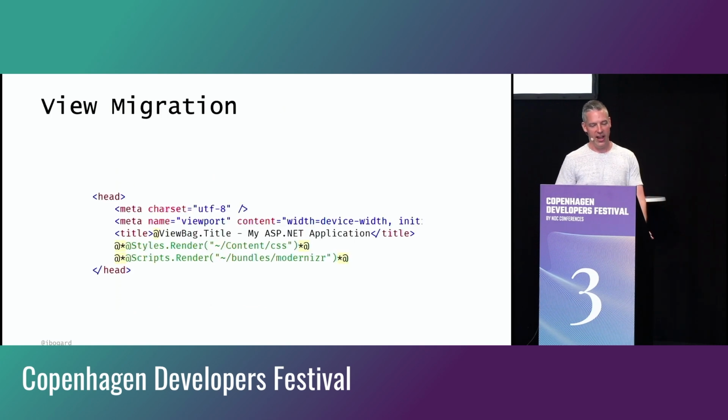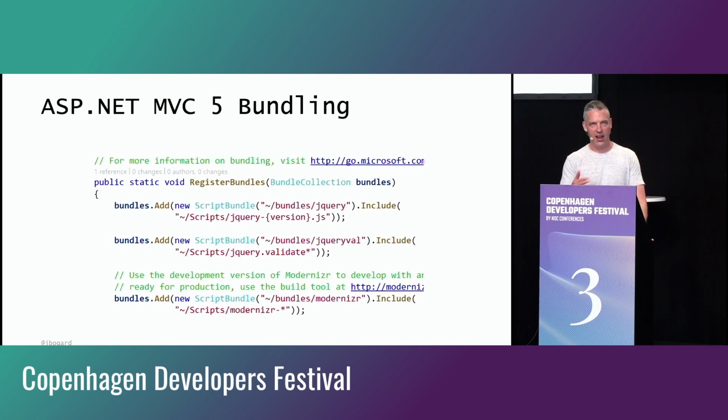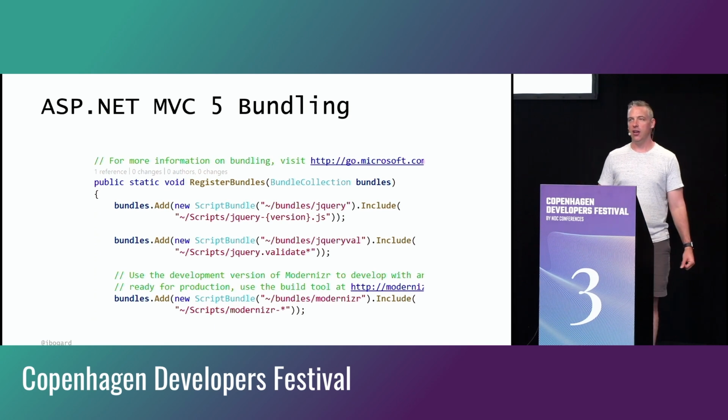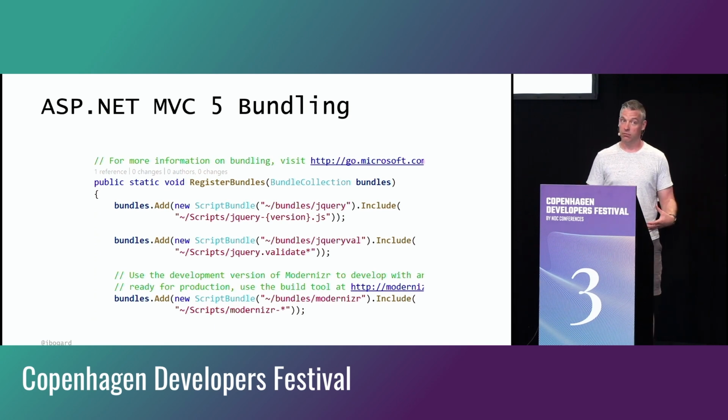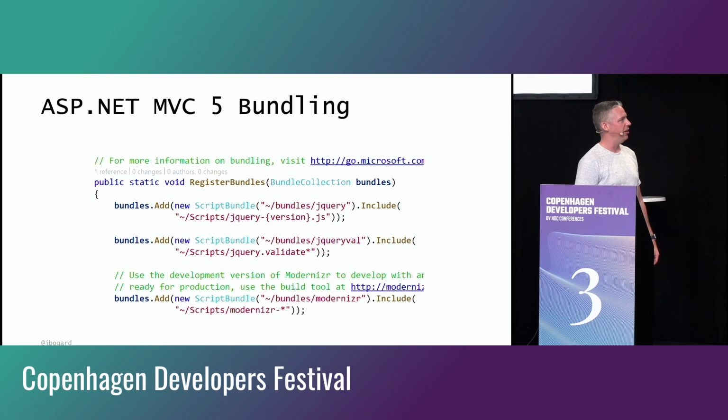The views, yes. So this is our first major problem: ASP.NET MVC 5, 4, 3, 2, 1, whatever, supported bundling and minification as a core feature of the framework. So we went here and saw, oh right, this is where we're pulling in the jQuery and doing the bundling for our CSS as well.